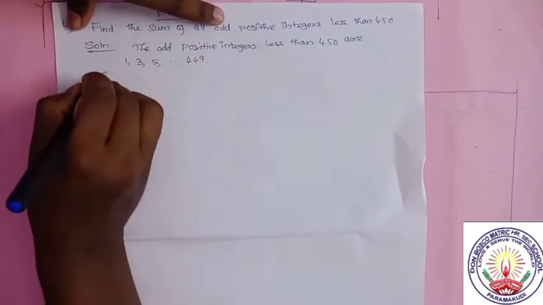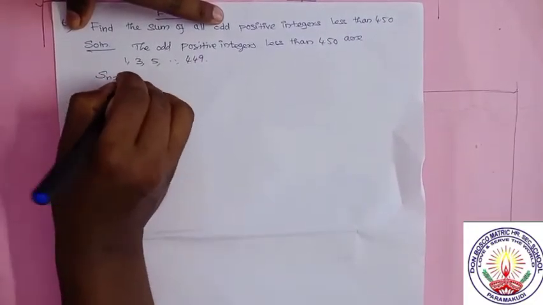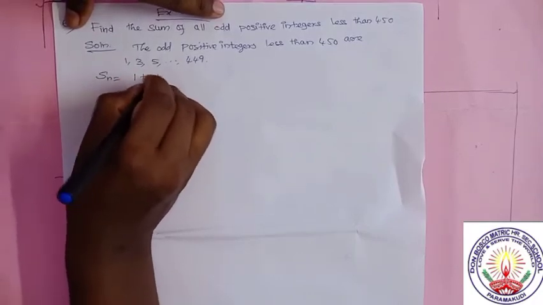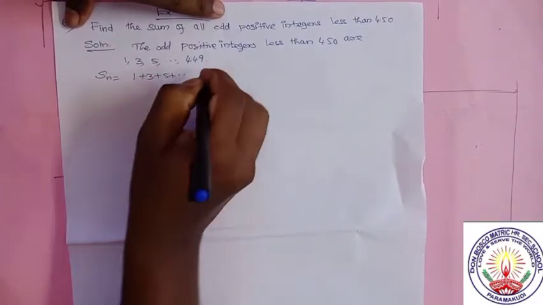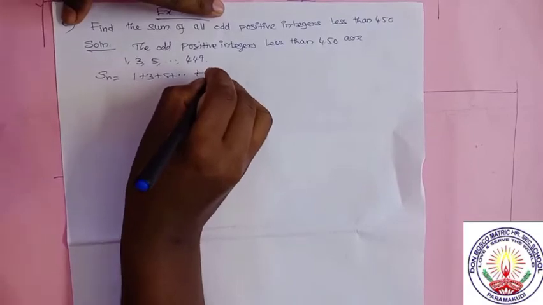So what is our problem? To find Sn such that 1 plus 3 plus 5 plus dot dot plus 449.